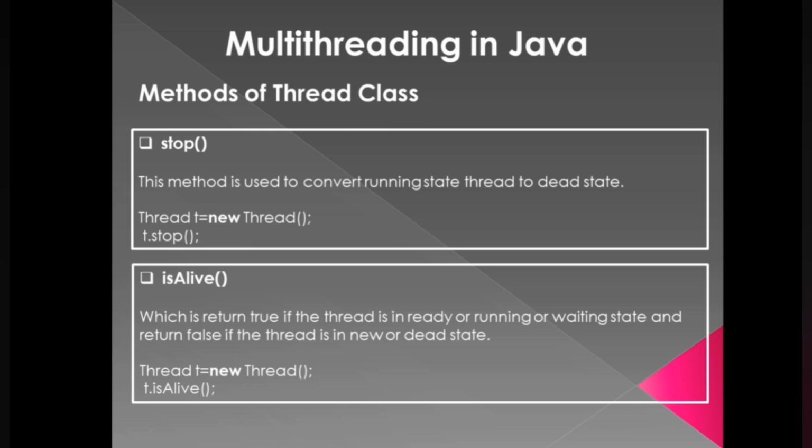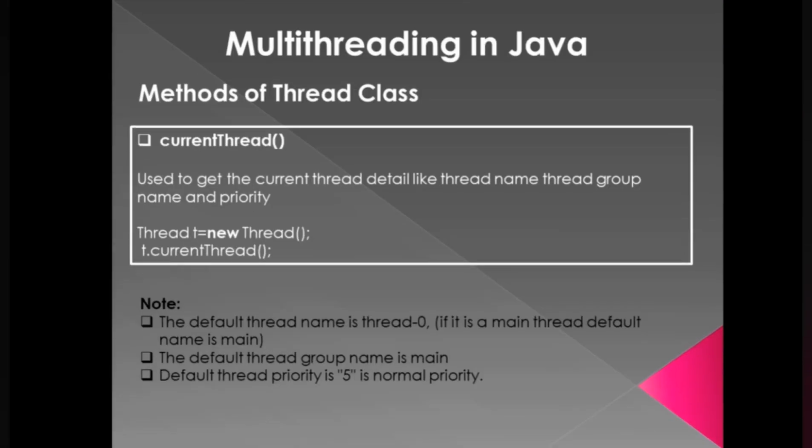Here we have the example: Thread t = new Thread(); t.isAlive(). Next one we have the currentThread method, used to get the current thread details like thread name, thread group name, and priority. Here is the example: Thread t = Thread.currentThread().